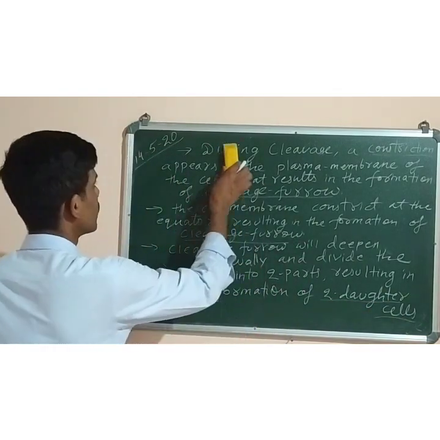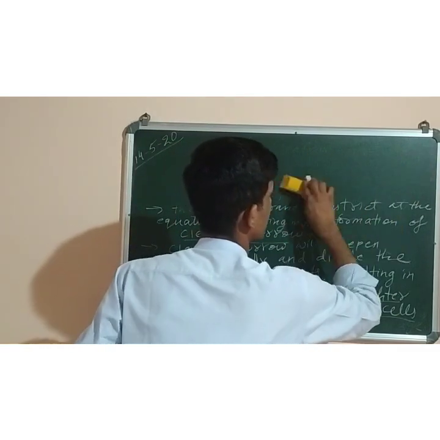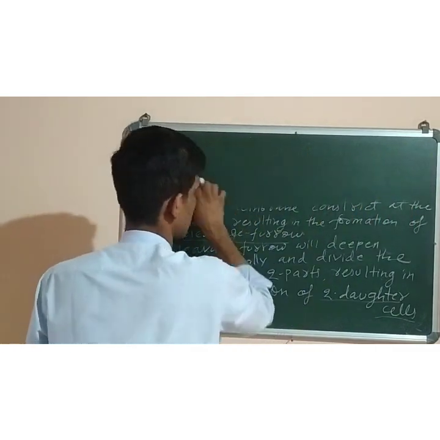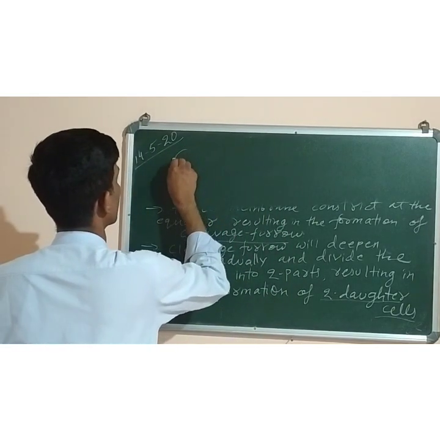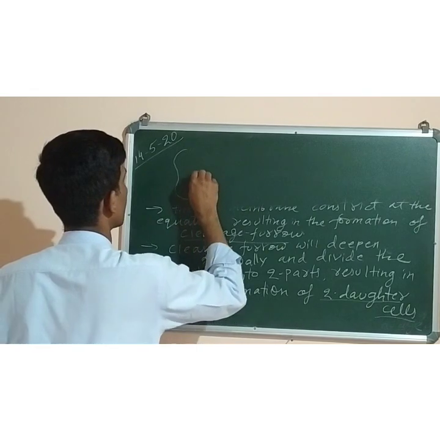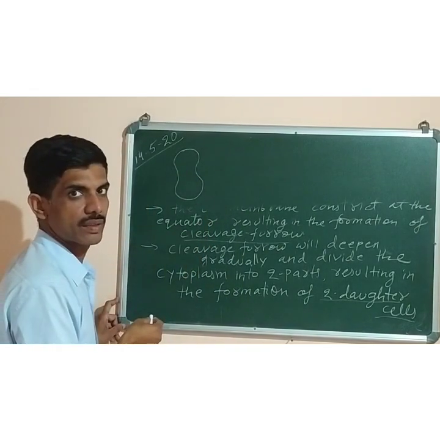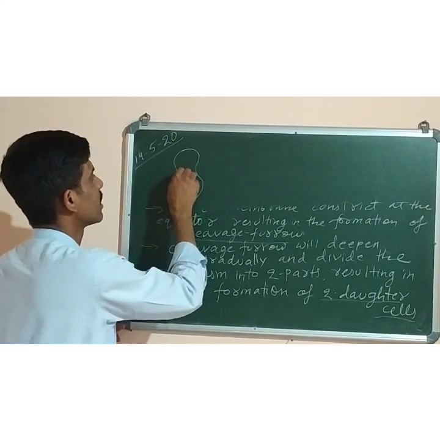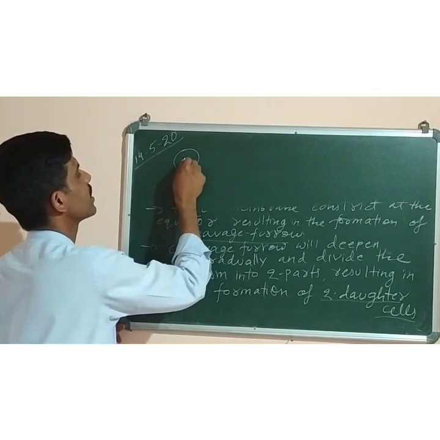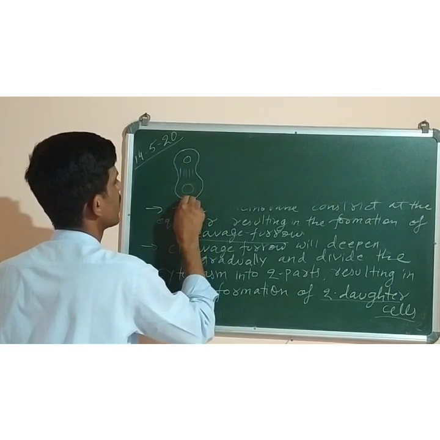Now look at the diagram which I will draw here of cytokinesis in animal cell. First one. See, this one is the telophase stage of mitosis cell division. These are the spindle fibers, and here the nuclear material with the centriole and the asters.